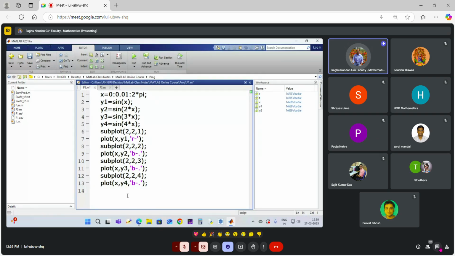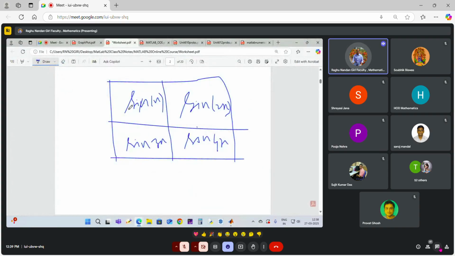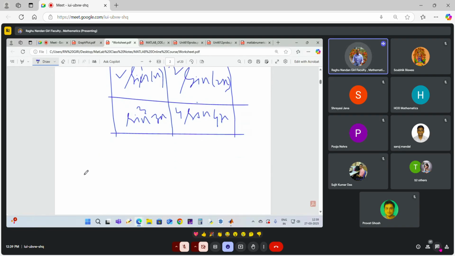What I write here is that the window is divided into two rows and two columns; this is the first position, this is the second, this is third, this is fourth. So I mentioned these things in the subplot command. The first argument is the number of rows, the second argument is the number of columns, then the position of the figure.